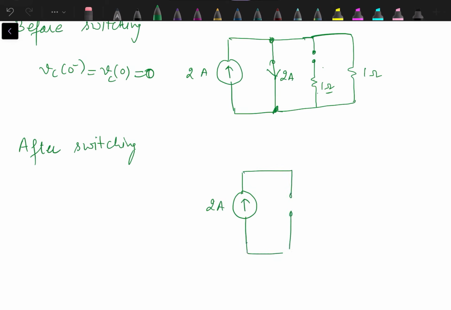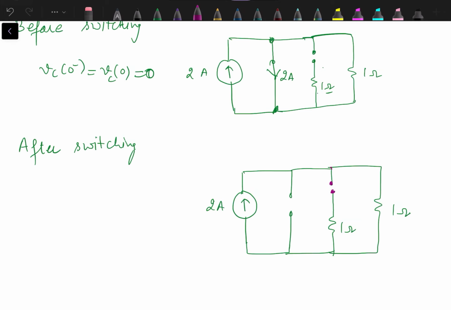Here we have the capacitor and 1 ohm resistances. Once the steady state condition has been reached, the capacitor will behave as open circuit. We need to find the voltage across this capacitor.